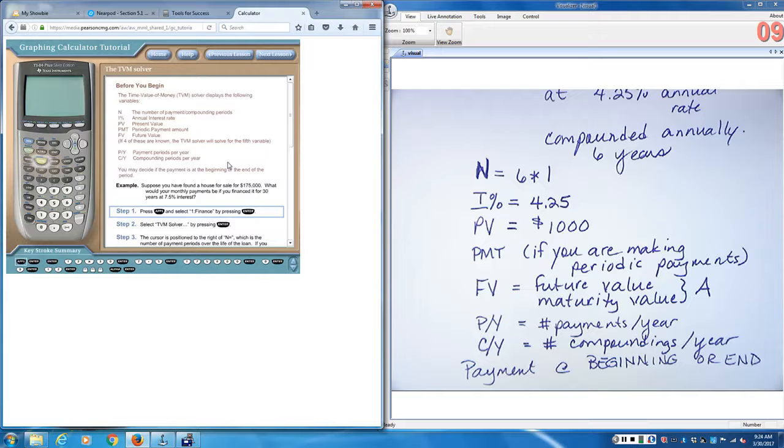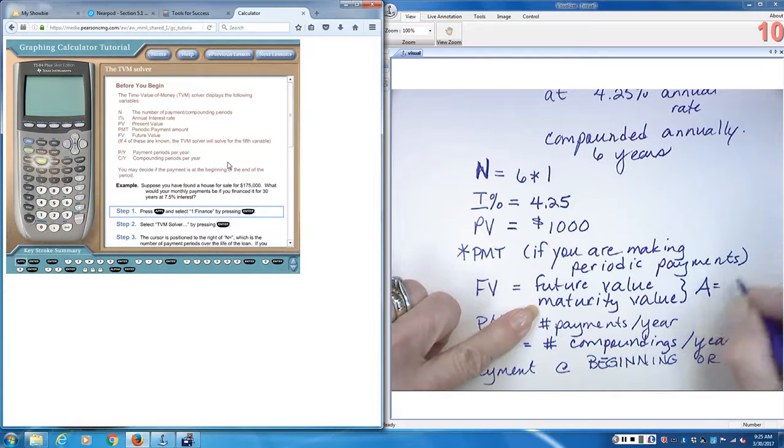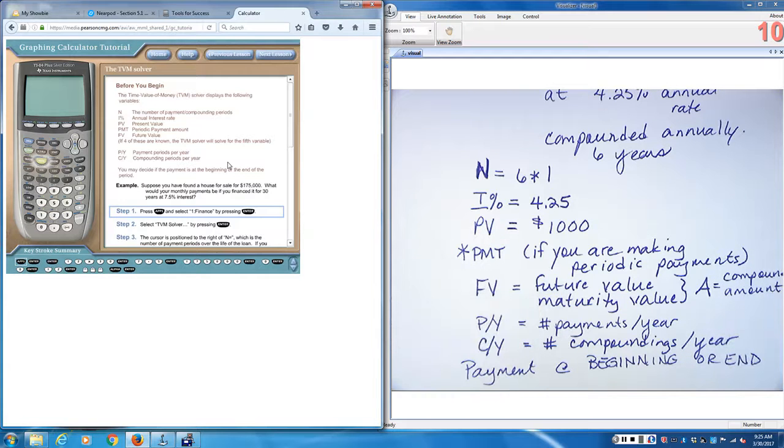So if we're doing this problem, we're not making payments. What we want to do is find what's called the compound amount, or the future value. Okay?